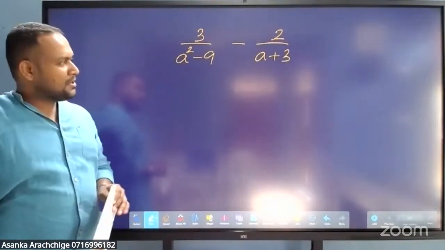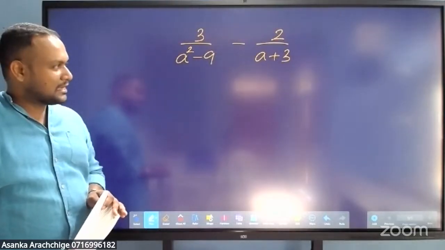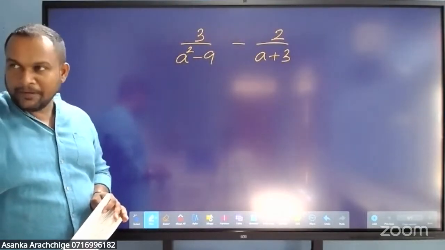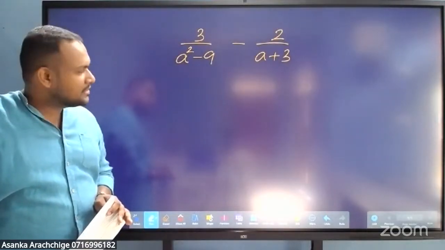These two algebraic fractions have different denominators, right? So first we have to find the least common multiple of those denominators, LCM.